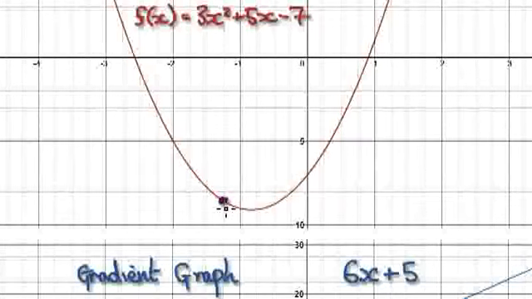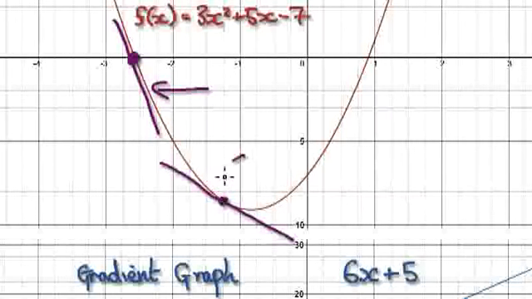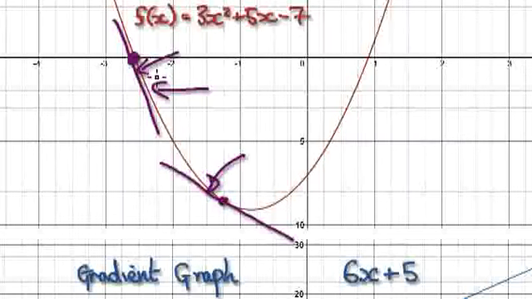Around here, you can see that the gradient is negative, but it's not as steep as up here. Looking at the gradient only, the gradient here is still negative, but it's not as negatively big as at this point here.